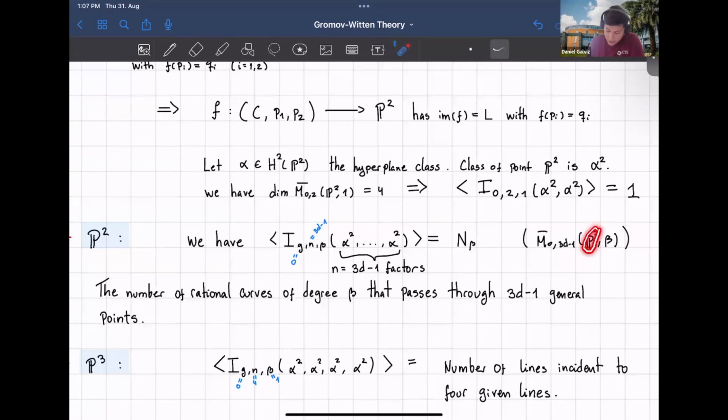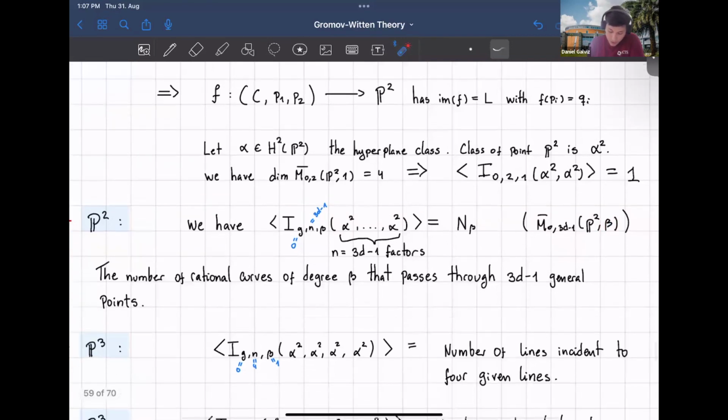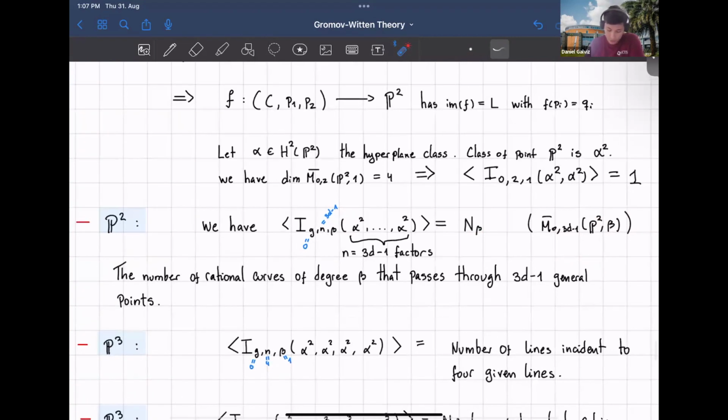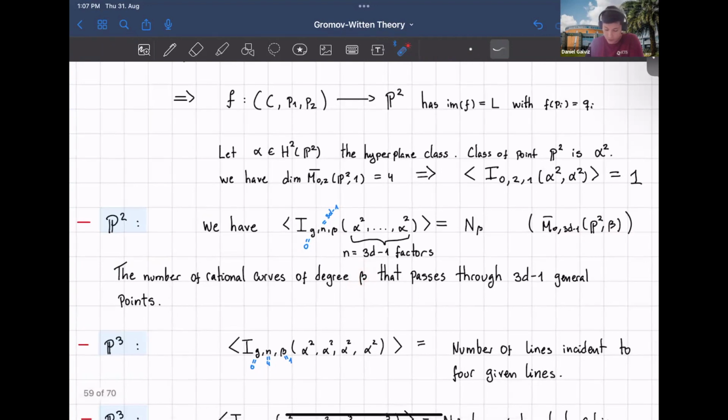Then our ambient space will be P2, and then with the beta. Then we will obtain a number that depends on beta, and this will be the number of rational curves of degree beta that pass through 3d minus 1 general points, which are given like this, related to our cycles.